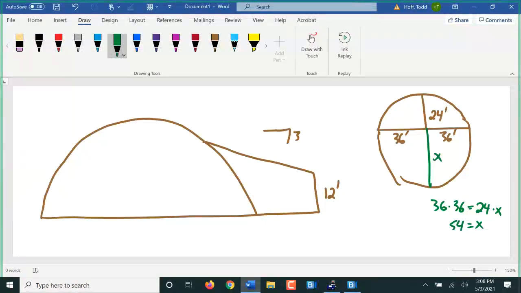That means the diameter of our circle is 54 plus 24, 78. Radius is 39 feet.